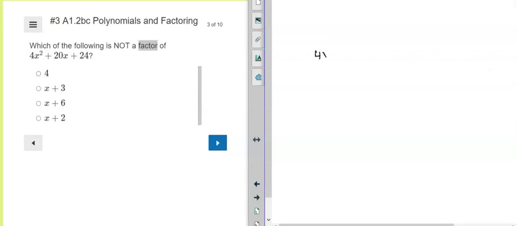Let me write it down. Okay, so I'm going to go ahead and factor out the 4. So that's 4 divided by 4 is just 1, 20 divided by 4 is 5x, and then 24 divided by 4 is 6. And then this part, I'm going to go ahead and factor it out. I'll bring down the 4.